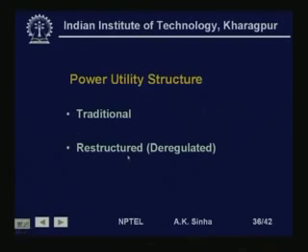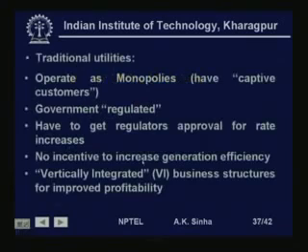The new structure that is emerging, which we call the restructured or deregulated power system structure, has these entities unbundled, that is, made into separate entities which are controlled and managed separately. So this is a change occurring in the power system structure.